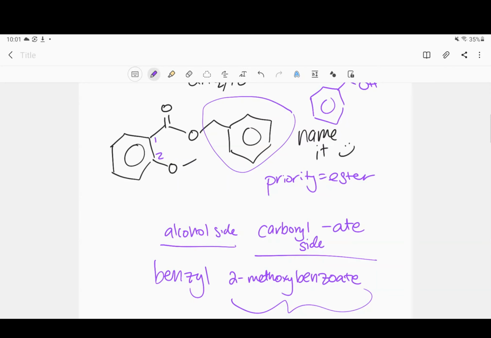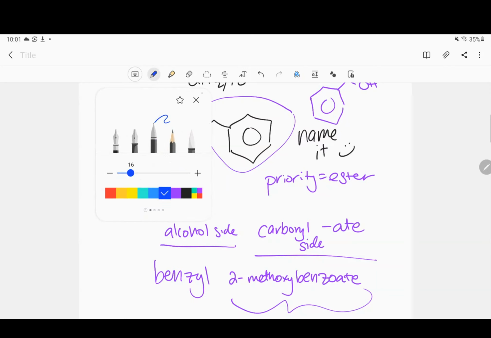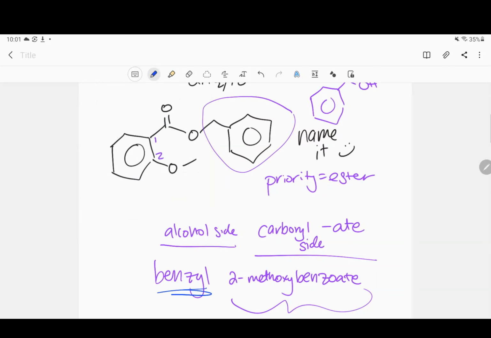So do we see how we got those names? This was the alcohol side of our ester. So whatever the substituent is on that side, the right side of our ester in this case, and then we name everything on the left side, including the carboxylic acid -ate name. So benzoic acid is our kind of sub-parent.